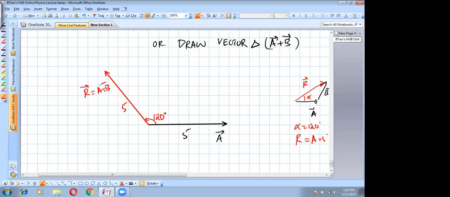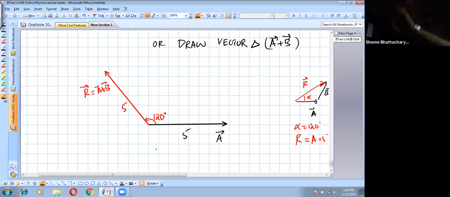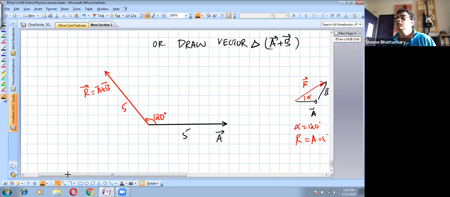So in this diagram, where does the vector B lie? It is the third side of the triangle, this side. That's the only way this can fit. So this one must be the vector B.